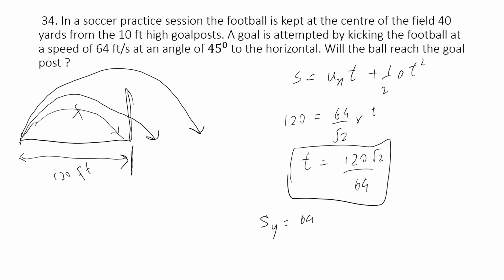Uy is again 64 by root 2, since u is 64 and it is a 45 degree angle, into 120 root 2 by 64, minus half into g, which is 32, into 120 into 120 into 2 by 64 into 64. So we have kept all the values. So we'll try to simplify.